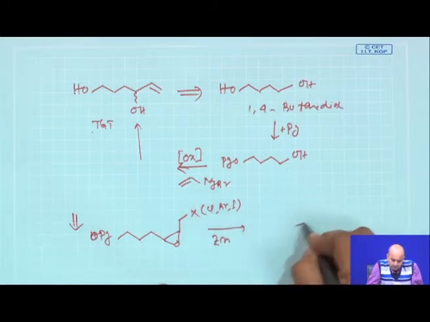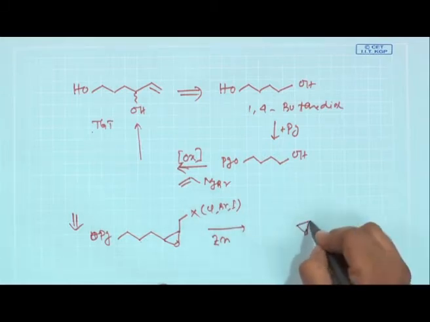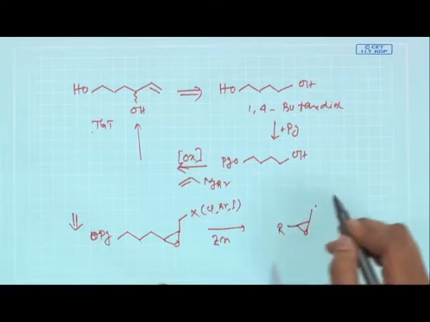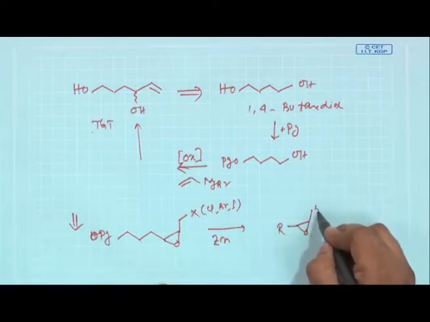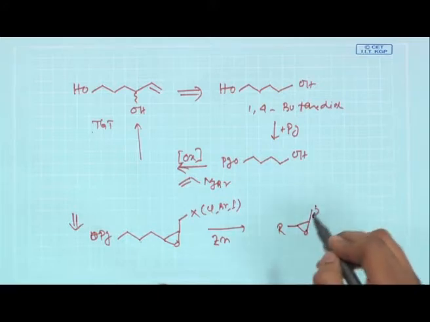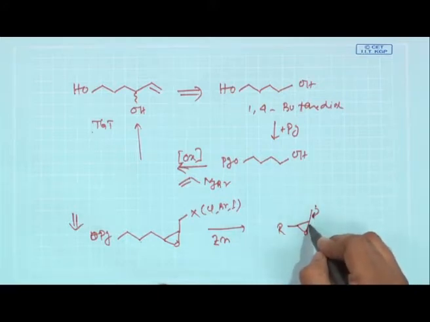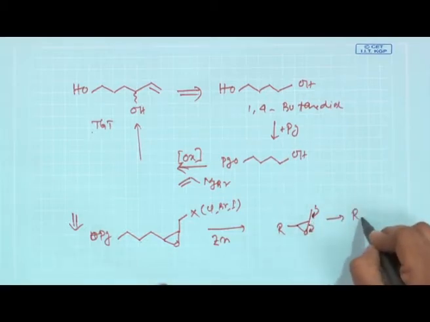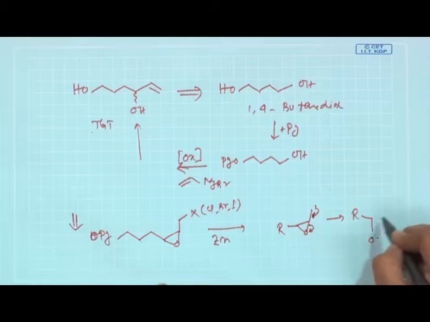Now, if you have a radical species there, this is basically R, I kept it as it is. This radical tends to cleave the epoxide in this way, and it basically gives you an O dot and a double bond here.